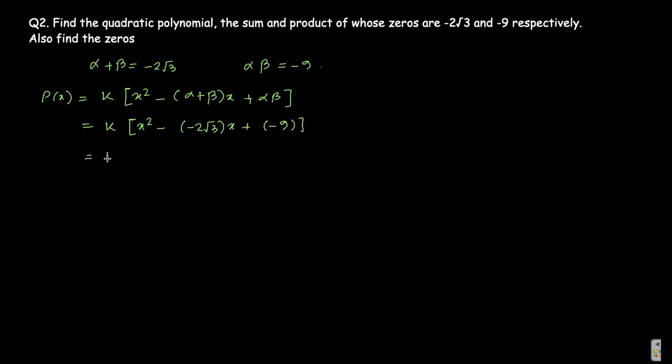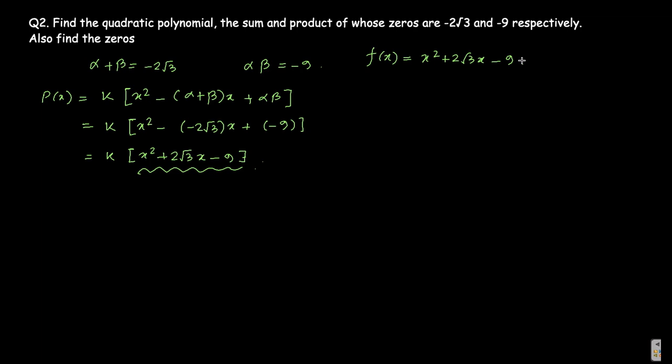That means k into x square plus 2 root 3x minus 9. This is our desired polynomial, that is, x square plus 2 root 3x minus 9.